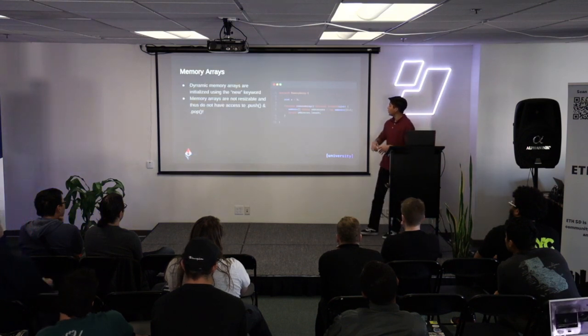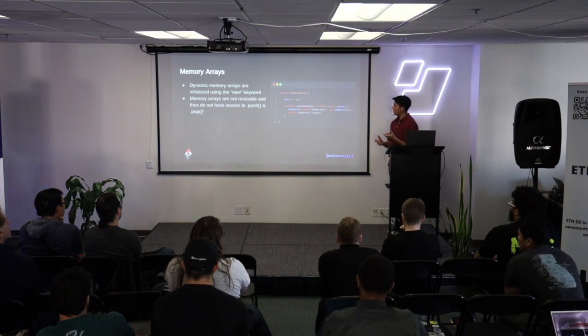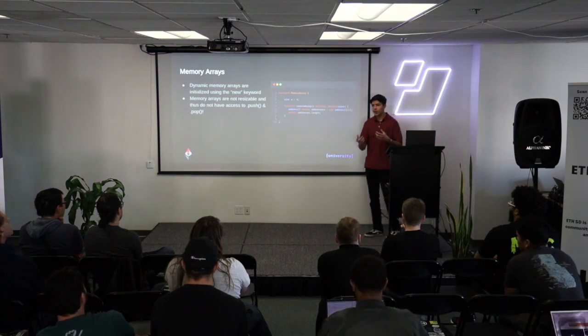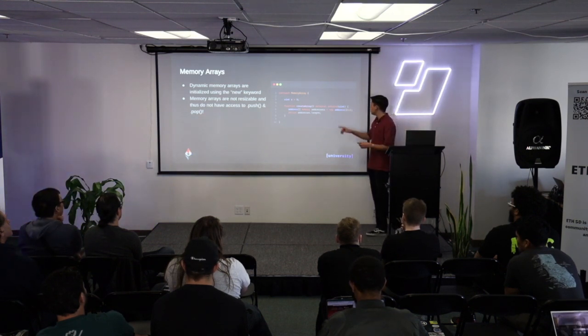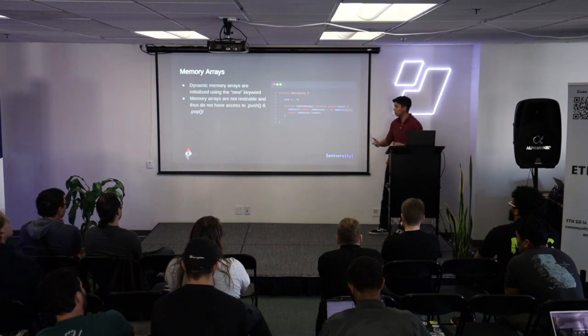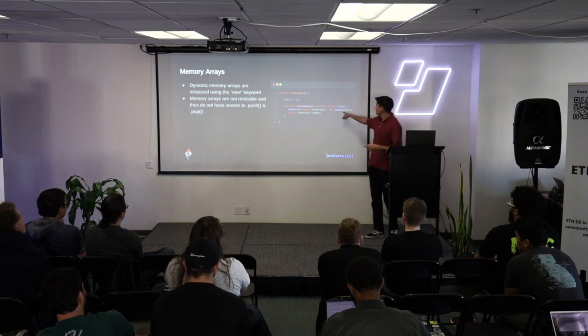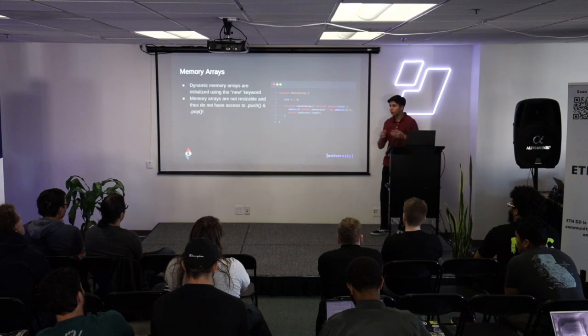So now when you create an array in memory, it's a little bit more tricky, because memory arrays are not able to be resized once they are initialized. So if you want to initialize a dynamic memory array, you have to use the new keyword and then pass in a value that you want for the size. So here, for instance, we define a state variable x that is set to 5.